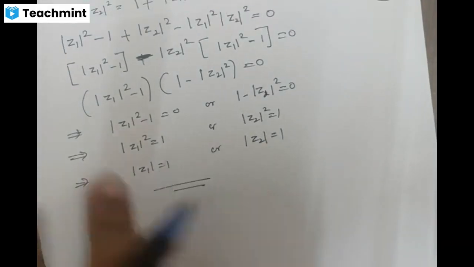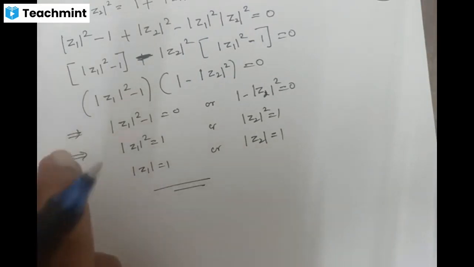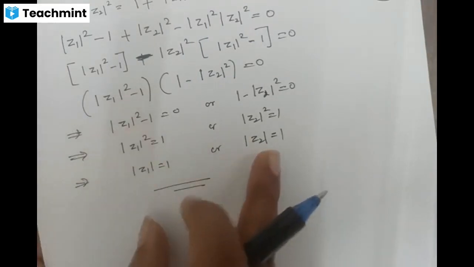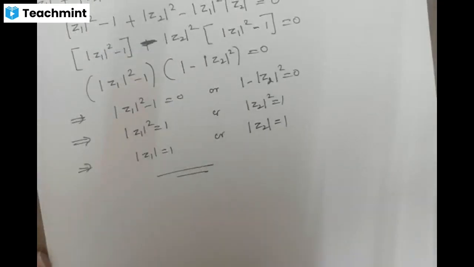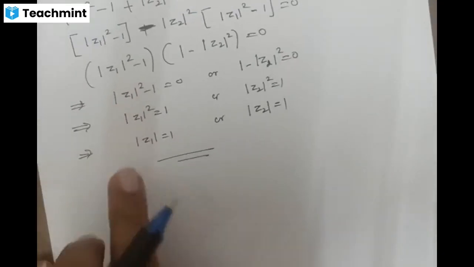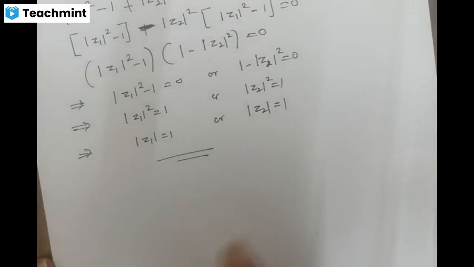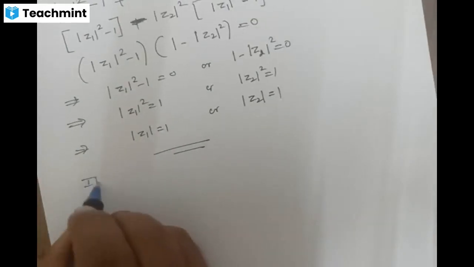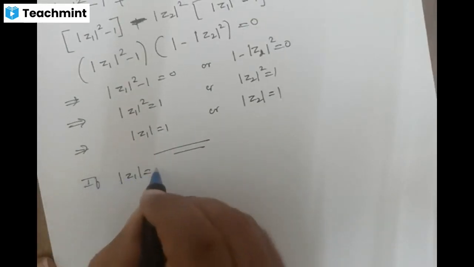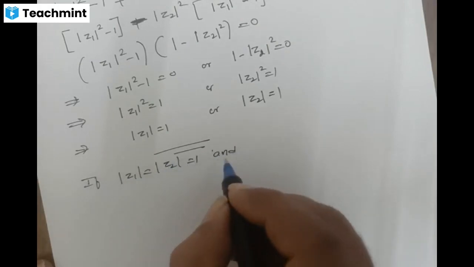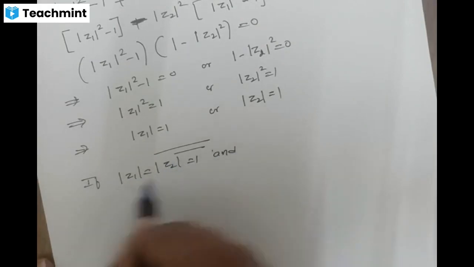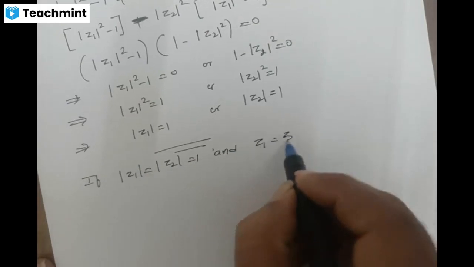We had to prove that the magnitude equals 1, so we said either of these equals 1. That is one condition. Now we have to conclude. If mod z1 equals mod z2 equals 1, and if these two are equal, then z1 is equal to z2.